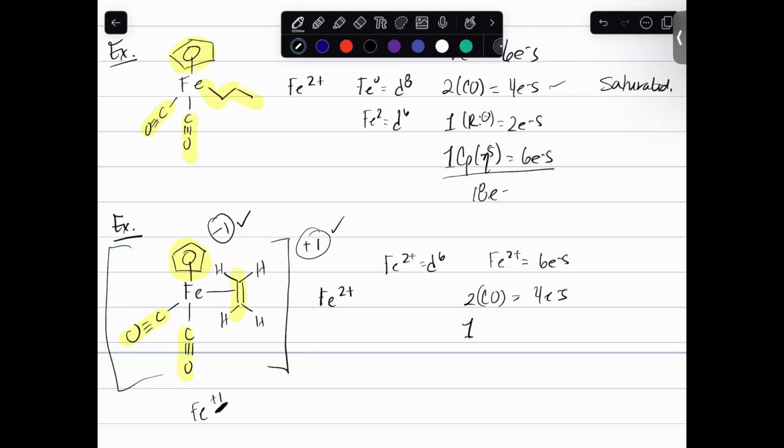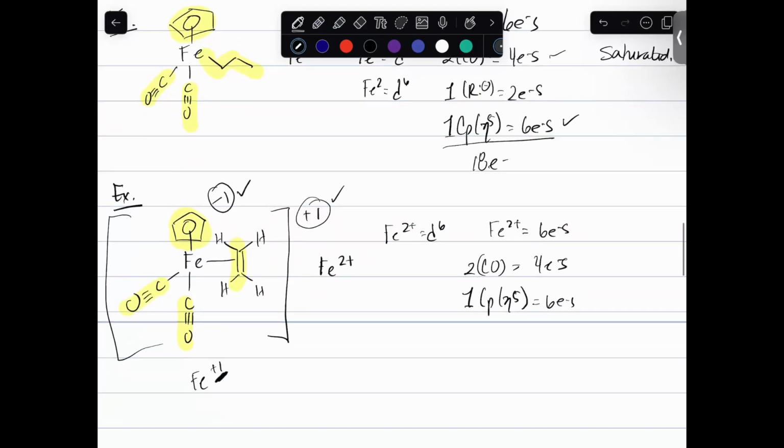The one cyclopentadienyl, eta 5, is contributing 6 electrons, just like before. Now, in this case, we have our alkene. It's neutral and it's contributing 2 electrons for a total of 18 electrons. And it is saturated.